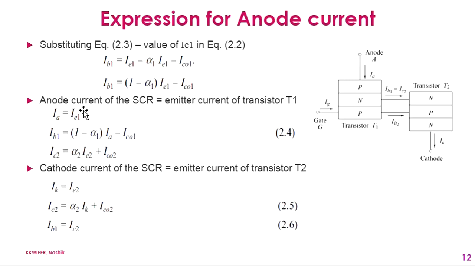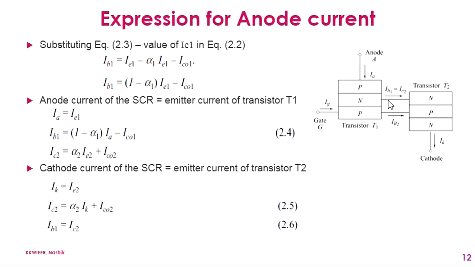Now like the anode current, we are writing the expression for the cathode current of the SCR also. The cathode current of the SCR will be the emitter current of transistor T2, so IK is equal to IE2. Now substituting the value of IE2 as IK in the above expression, we get IC2 is equal to alpha 2 IK plus ICO2.